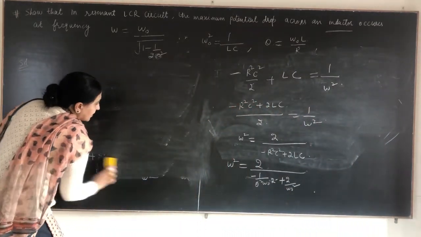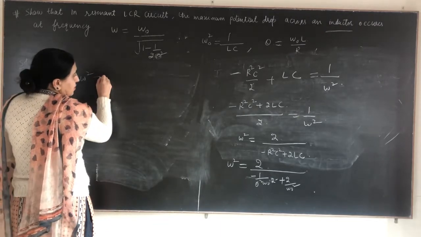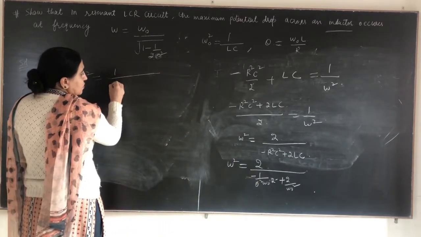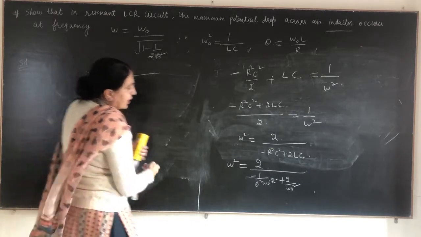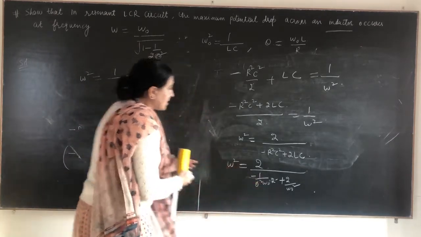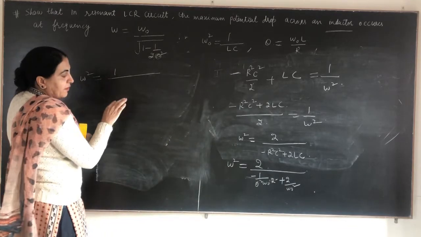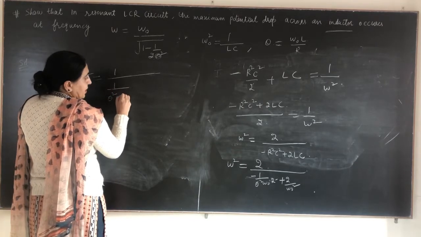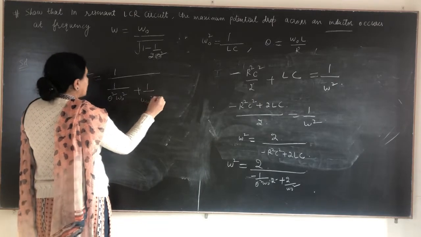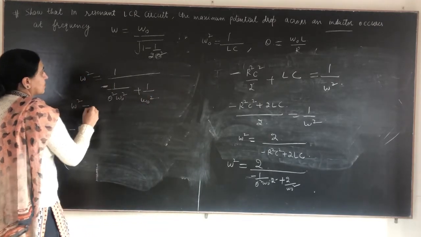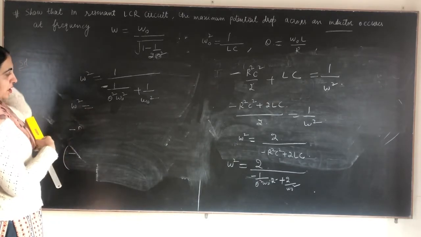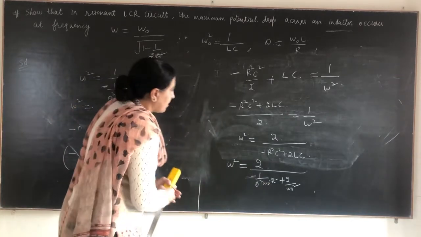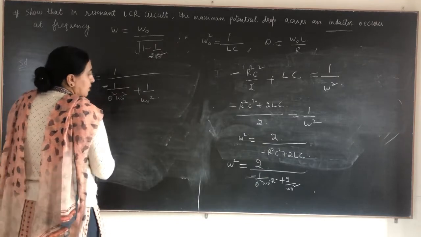So after solving this, what do we get? Omega square is equal to 2 over, taking omega naught square LCM, minus 1 over Q square omega naught square plus 2 over omega naught square. 2 is not cut because here there is not 2.